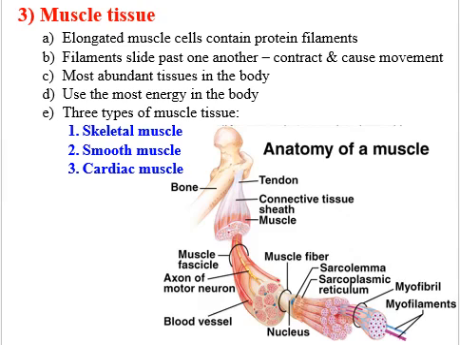They're long and they have these protein filaments embedded in them. There's two main types of protein filaments and they slide past one another as the muscle gets shorter or as the muscle relaxes and gets longer. And as the muscle gets shorter, it pulls on a bone and it moves the bone. So if you're raising your arm, if you're moving your finger back and forth, that's from a muscle contracting and pulling on a bone.